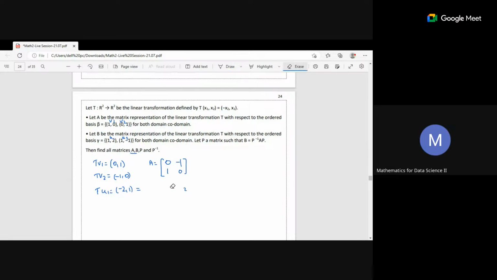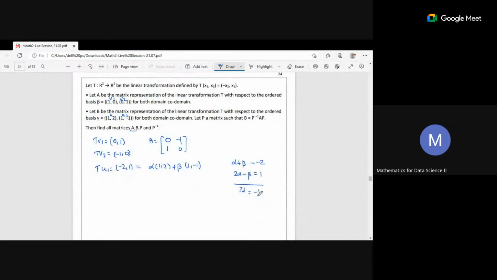Maybe I'll write it because it's not straightforward. Alpha times (1, 2) plus beta times (1, minus 1). So alpha plus beta is minus 2 and 2 alpha minus beta is 1. So you have 3 alpha equal to minus 1. Right? So alpha is equal to minus 1 by 3.